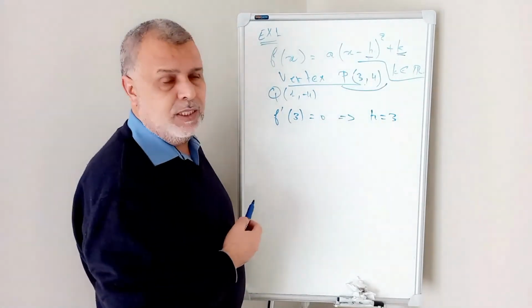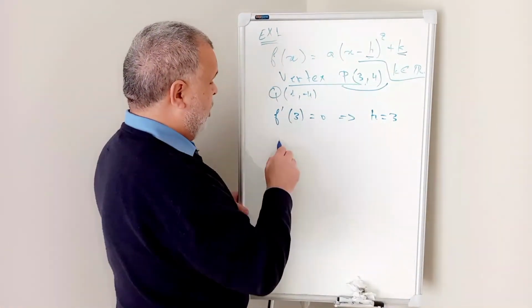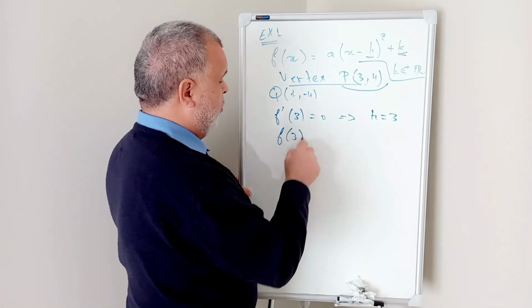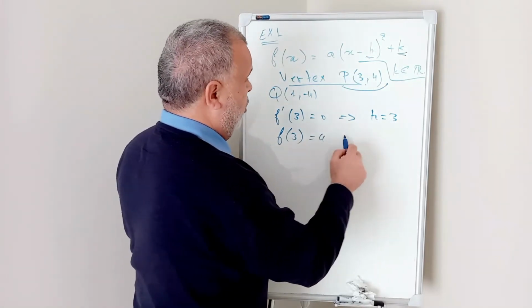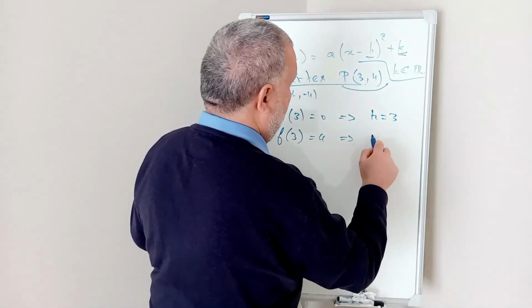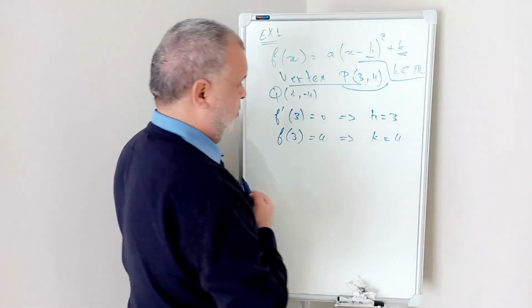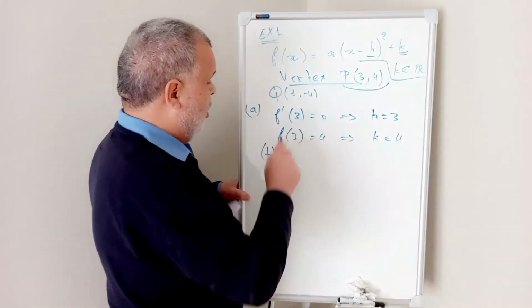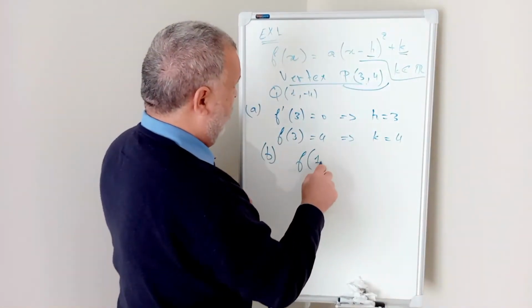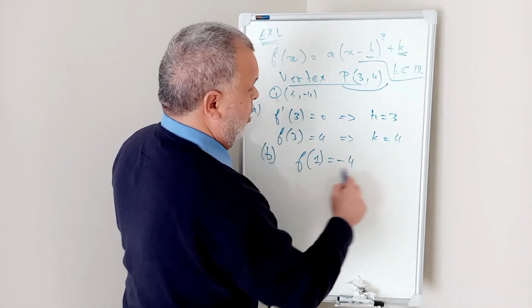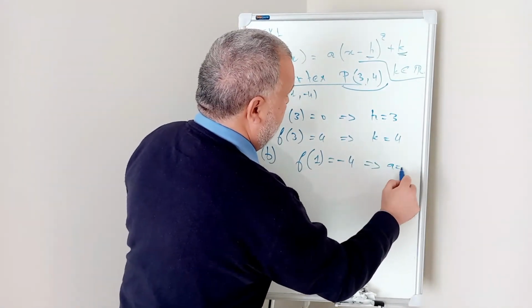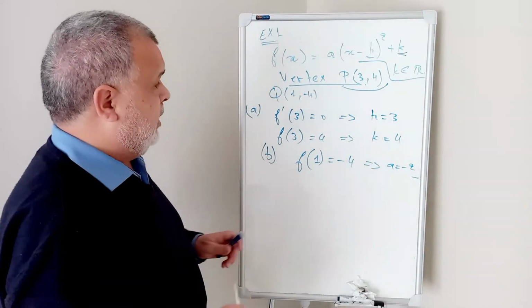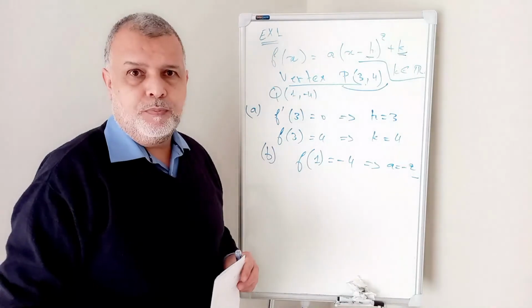Using f of 3 is equal to 4 gives us that k is equal to 4. Now, for question B, we have that f of 1 is equal to minus 4. That gives us a is equal to minus 2. Okay, that's good. Exercise number 1.